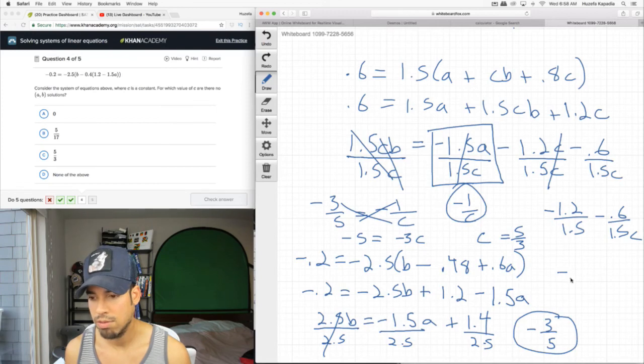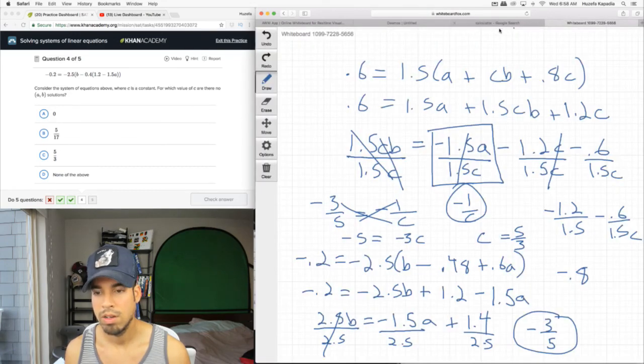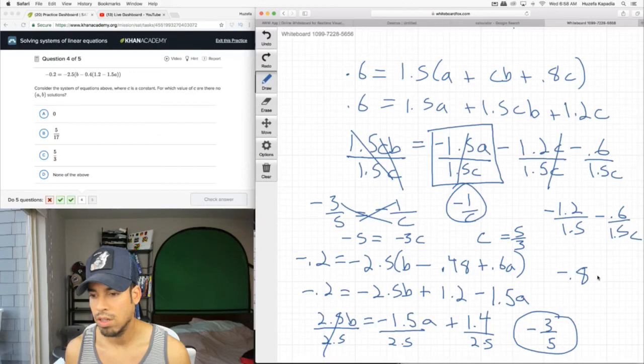So we got negative 0.8 minus 0.6 over 1.5. 0.6 divided by 1.5 equals 0.4. So negative 0.8 minus 0.4.